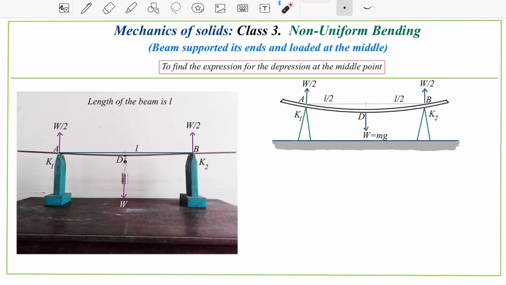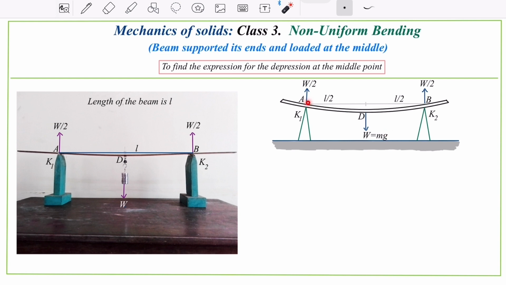The schematic diagram is shown on the right hand side. It represents the non-uniform bending as I specified. AB is a rigid uniform beam resting symmetrically on two knife edges K1 and K2. Now A and B are separated by a distance L, and L is called the length of the beam. Now it is loaded at the middle point D with a load W equal to mg.